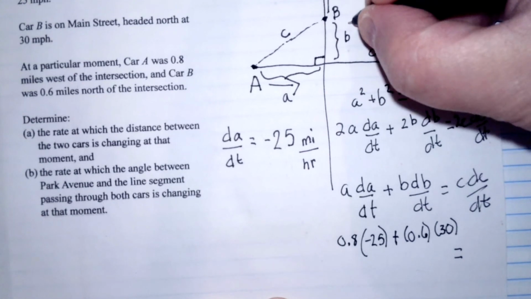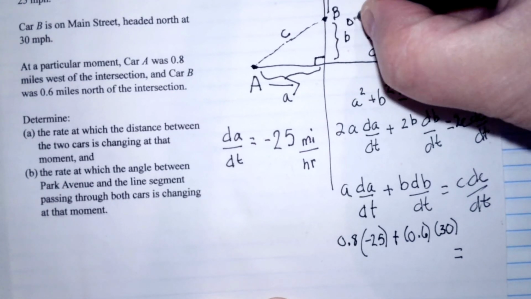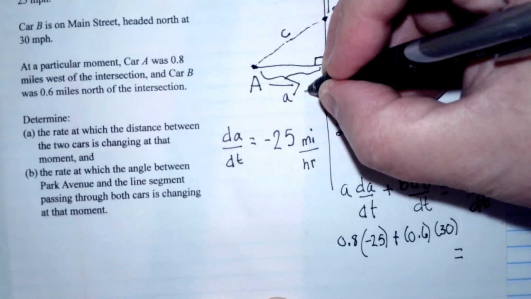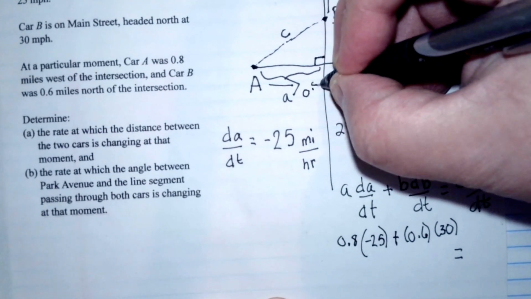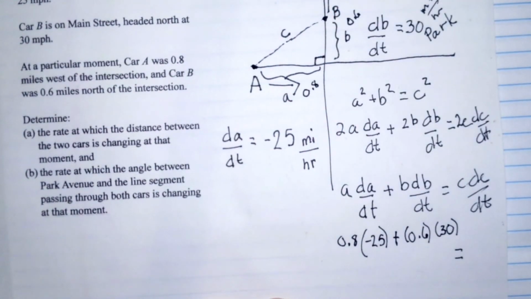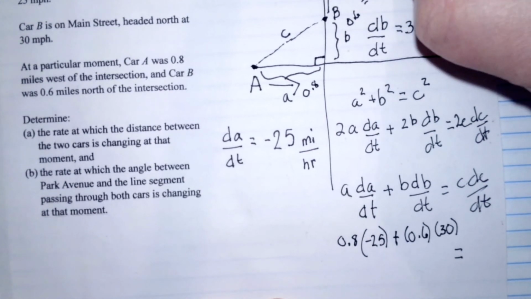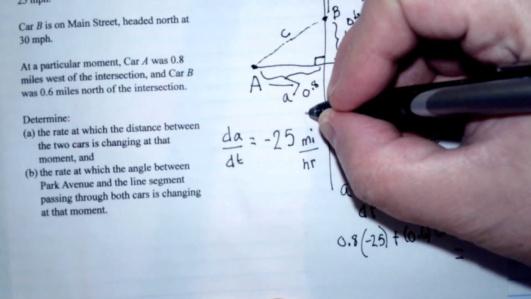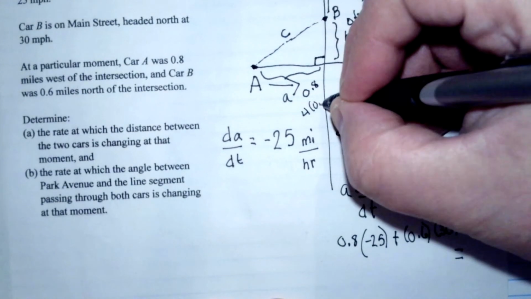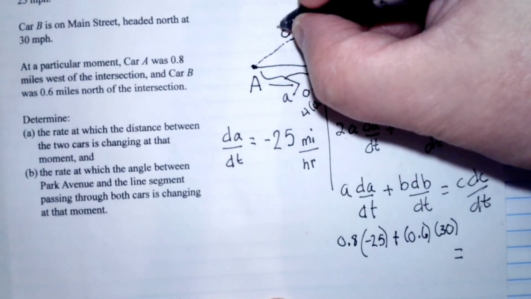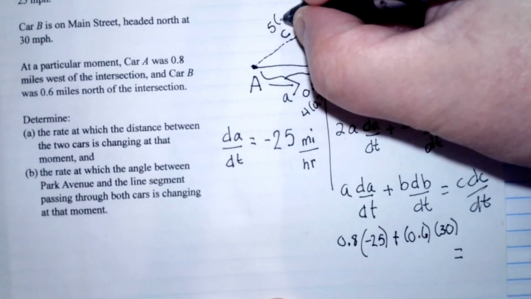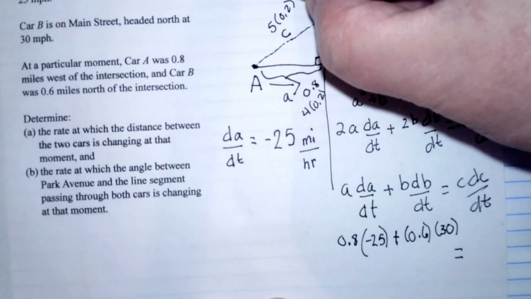Well, B is 0.6, A is 0.8. We have the makings of a 3, 4, 5 right triangle. 0.6 is 3 times 0.2. 0.8 is 4 times 0.2. So that means that length C must be 5 times 0.2. In other words, 1 mile.